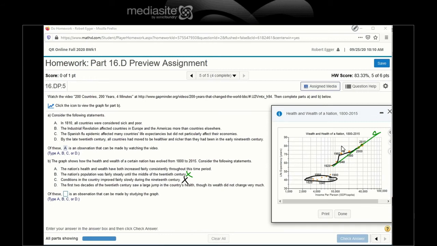The first 2 decades of the 20th century. So a huge jump in the country's health, though its wealth did not change much.